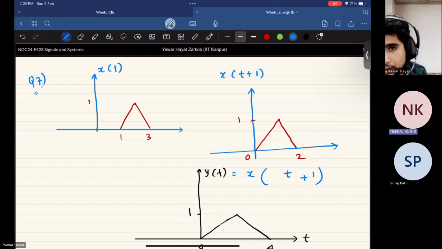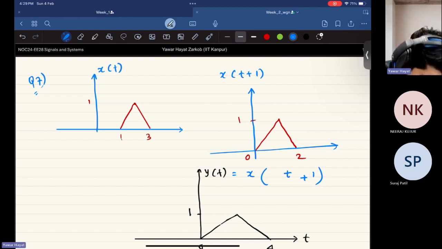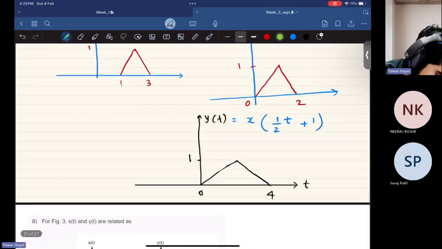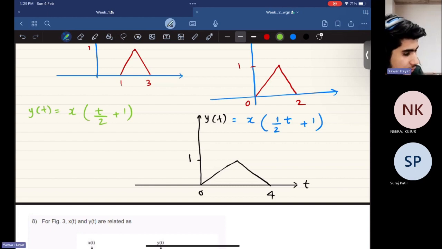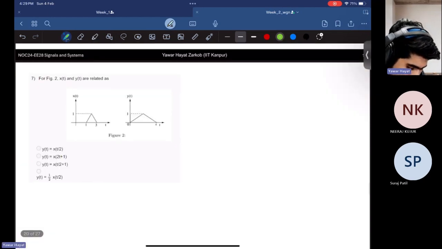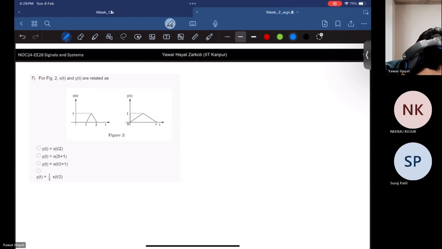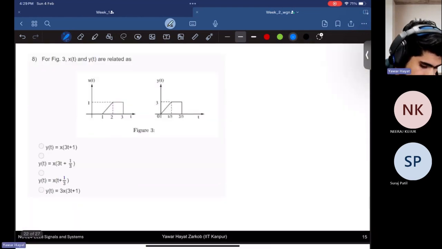Sir, 1 by 2. So that is how the answer comes, right? y of t is x of t by 2 plus 1. Fine. So which option is correct? Option C. So that is this question 7.